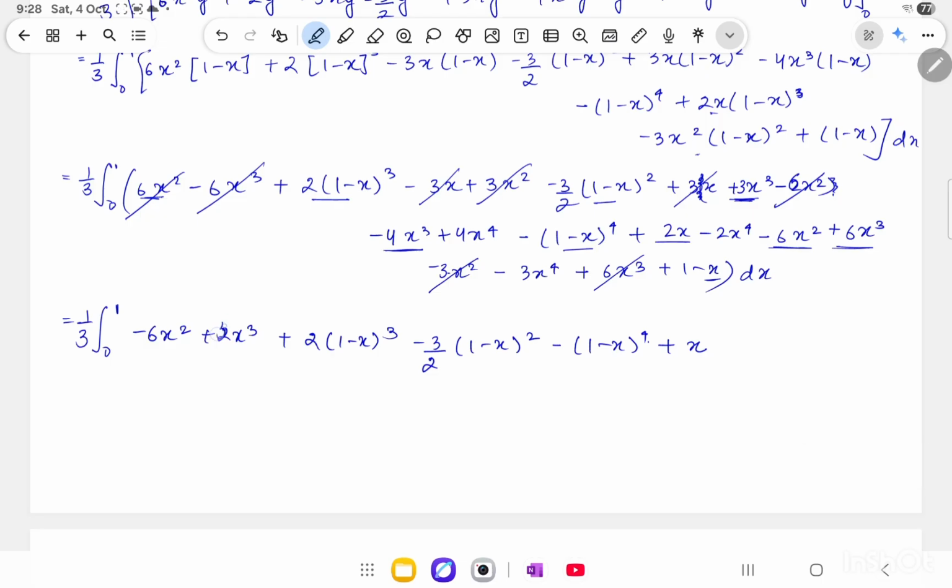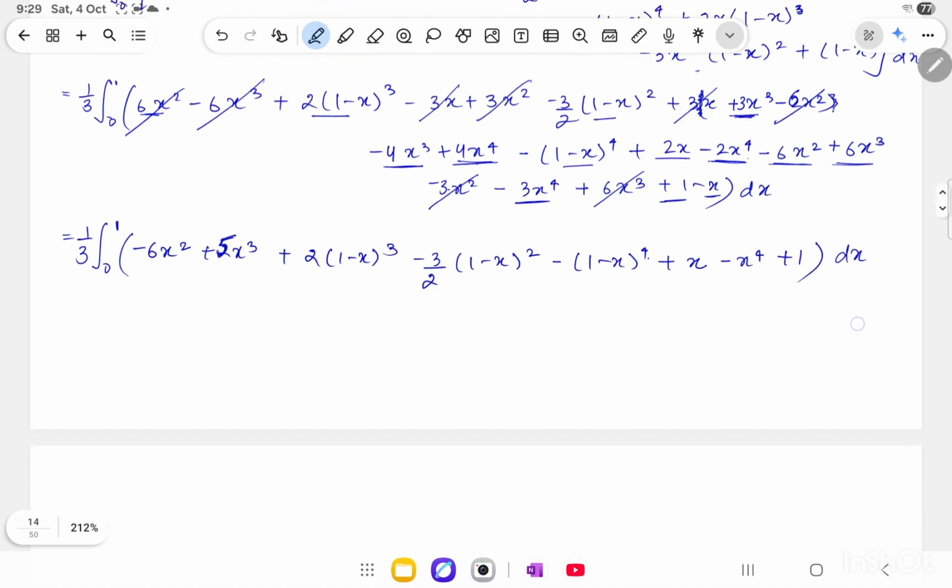So it will be 5x cube here, and then we are left with this term, that is 4x raised 4 minus 2x raised 4, that is 2x raised 4, and minus 3x raised 4, that is minus of x raised 4, and plus 1 dx.